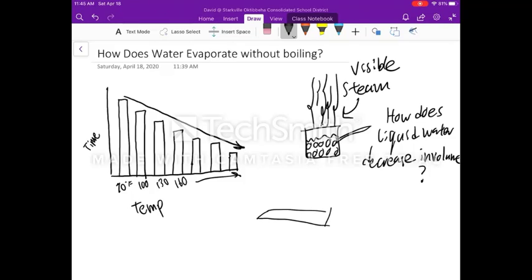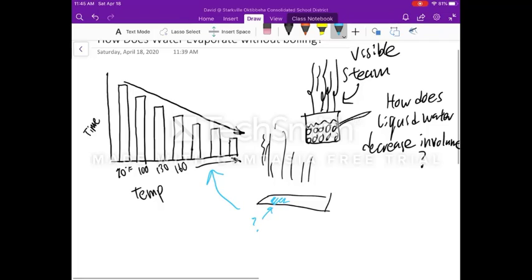If you've got the sidewalk right here and it rains, and then there's a puddle, does that water just mysteriously disappear? Well, no, we know we have a scientific reasoning behind it. And so that's what we want to address and see on the molecular level what is causing this.